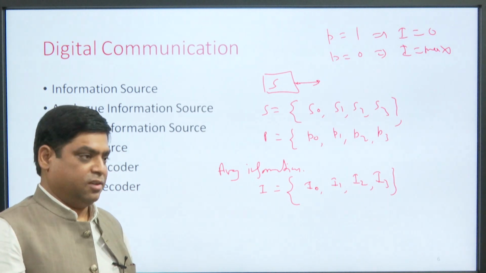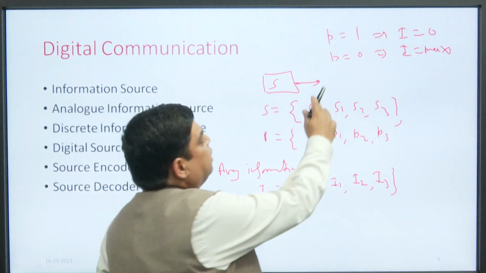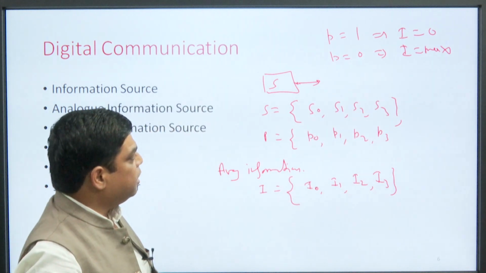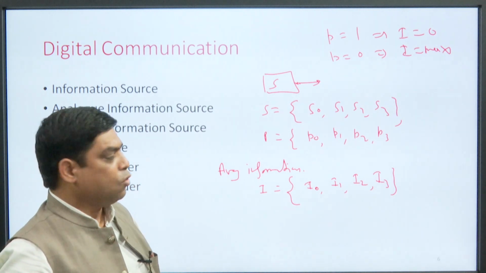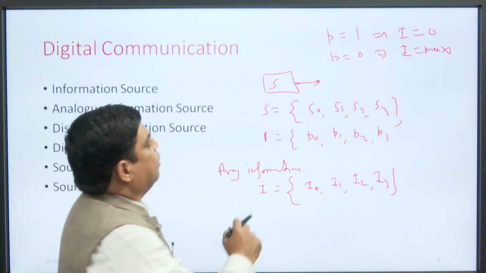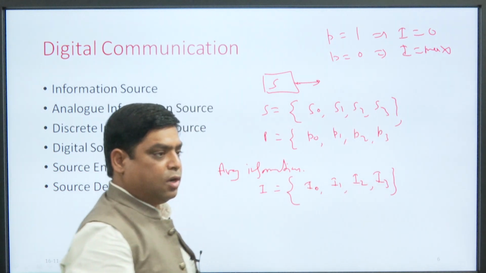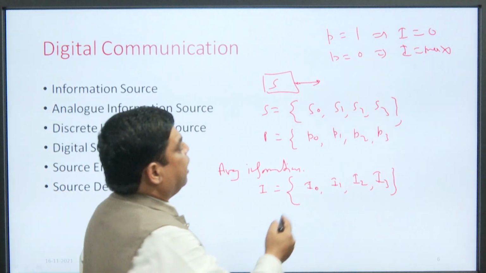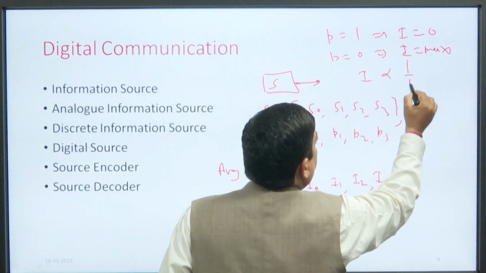Now these probability and information we can correlate mathematically. I is 0 for P equal to 1, and I is maximum for P equal to 0, so I is inversely proportional to P.